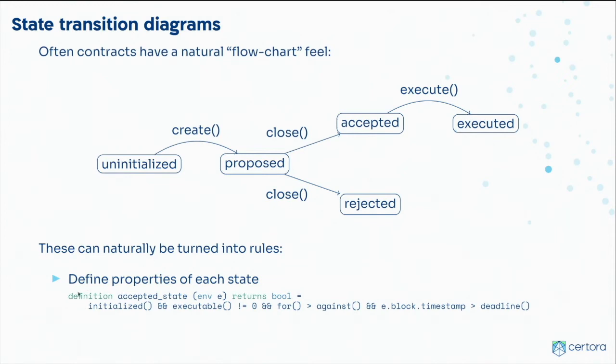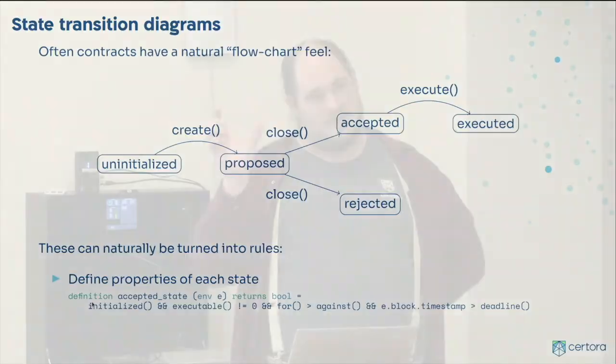There's a feature of CVL which I didn't describe yesterday, but it's a nice little shorthand, which is a definition. This is just like defining a short function. You can write a definition, accepted state, as an example here, that takes in some parameters and returns some value. The way definitions work is you give an expression, and every time you write accepted state of E, it just plugs this in, like any function in any programming language.